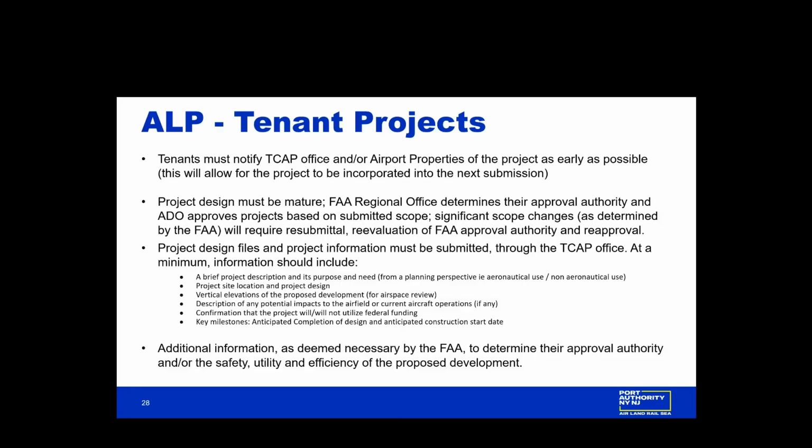These are the information we normally ask for and that is normally required by the FAA. But the FAA may determine that, to establish their approval authority, they require additional documents for their review based on safety, utility, and efficiency, and we might come back to you with requests for more information.